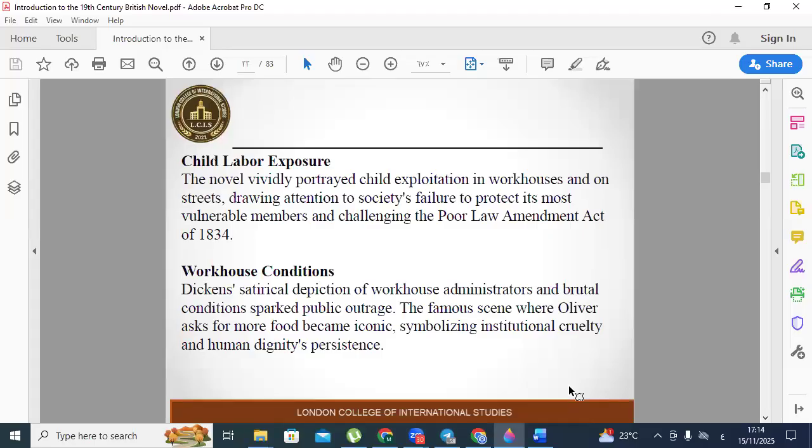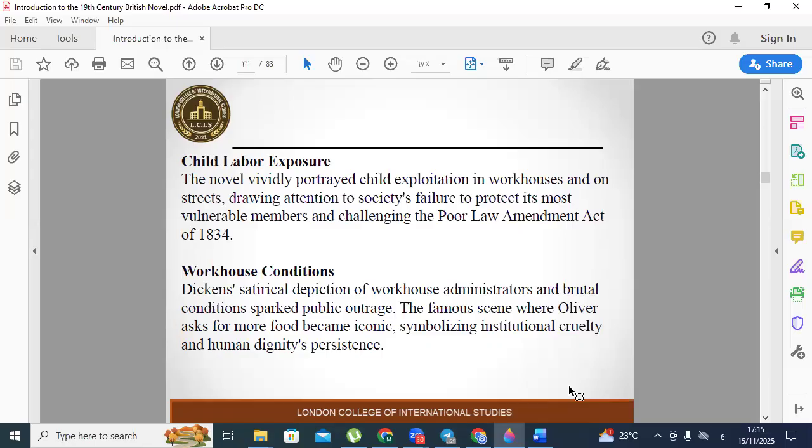Each installment raised questions and left readers eager for more. Between installments, readers discussed what they had read, debated the issues, and anticipated the next development. The extended publication period meant social issues stayed in public consciousness for months.